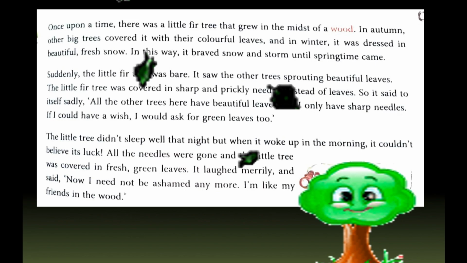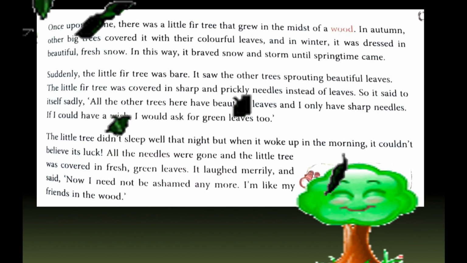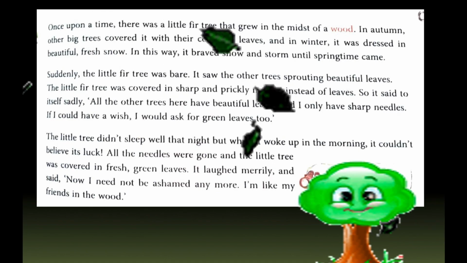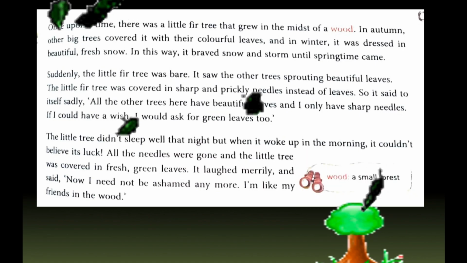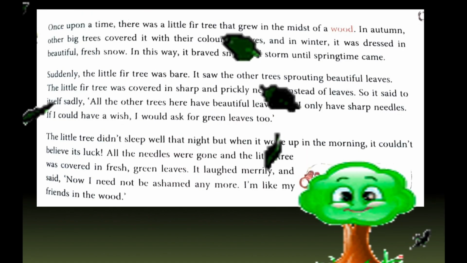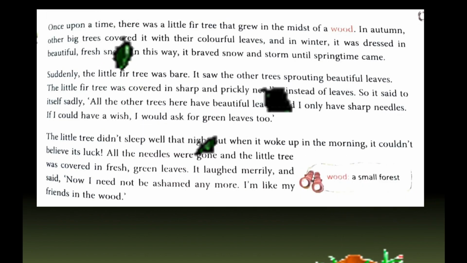All the needles were gone. The little tree was covered in fresh green leaves. It laughed merrily and said, "Now I need not be ashamed any more. I'm like my friends in the wood."